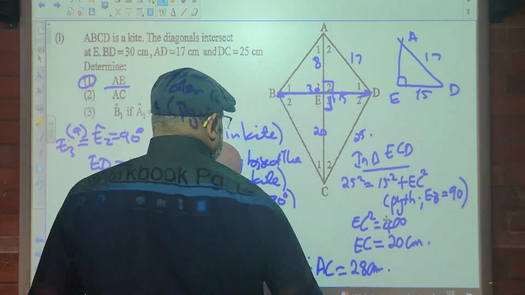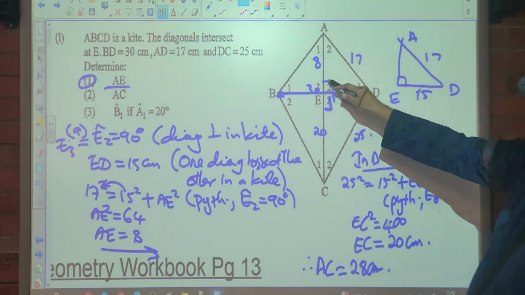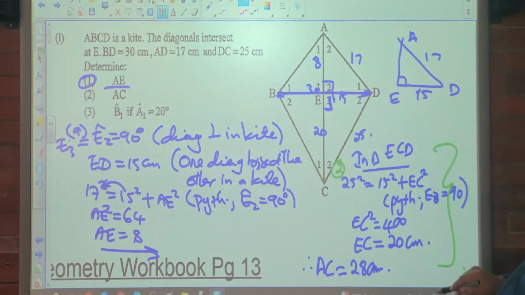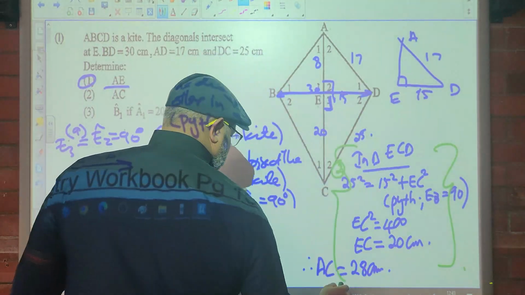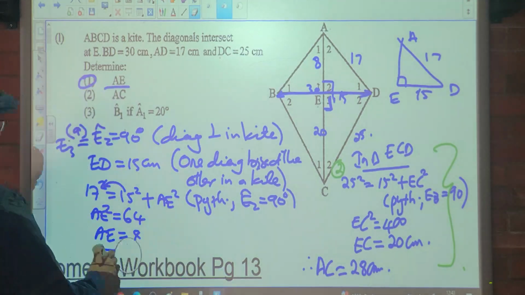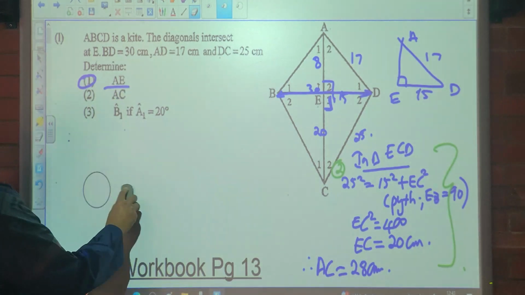Number 2 was to calculate AC, which is the whole length here. Now this is number 2's answer. Okay, that's number 2. Let's go to number 3. So everything that we've written down is on the diagram as well.